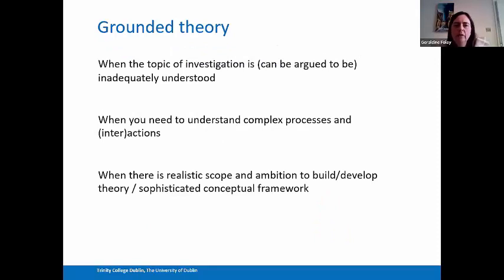Why do we use grounded theory over other qualitative approaches, such as phenomenology, narrative research or case studies? It's pretty much useful when the topic of investigation is not well understood. Grounded theory is very much an inductive process.